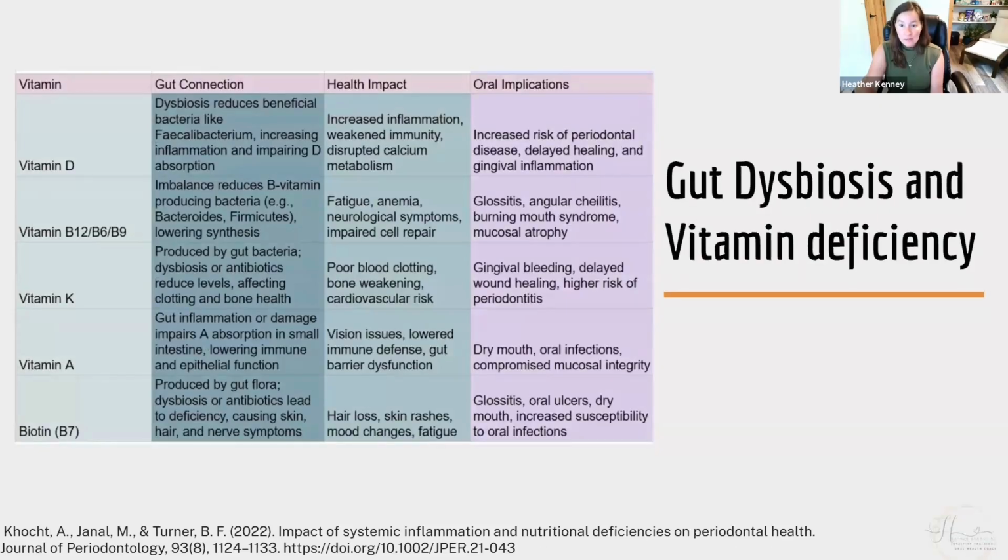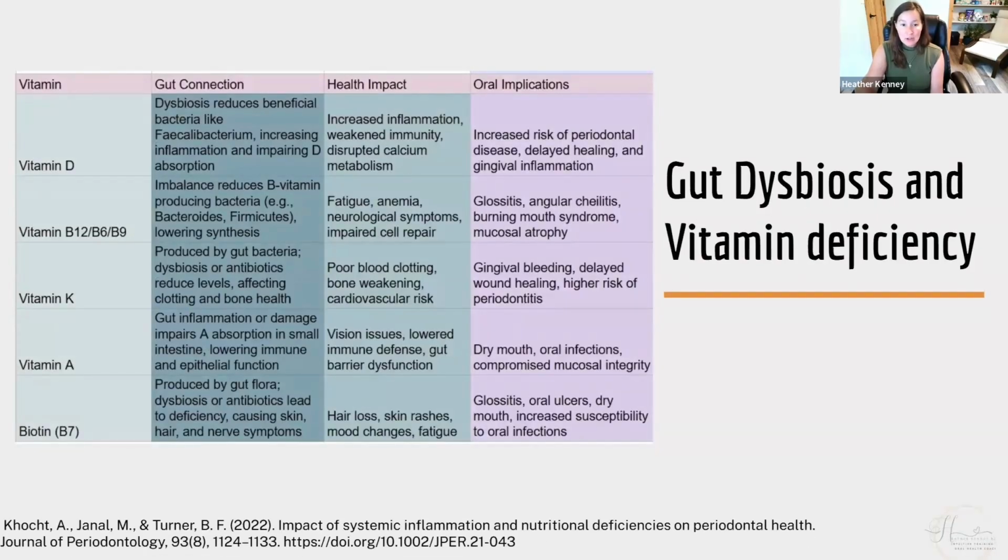And once again, when we have a gut dysbiosis issue, vitamin D, vitamin B, K, A, and biotin are really important to understand. When we have dysbiosis and leaky gut issues, that can lead to a vitamin deficiency. So if our gut is leaky, it's going to increase our inflammatory cytokines, right? And that will feed the inflammation process.